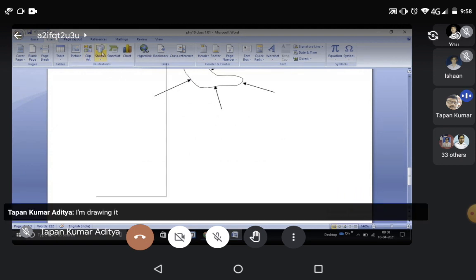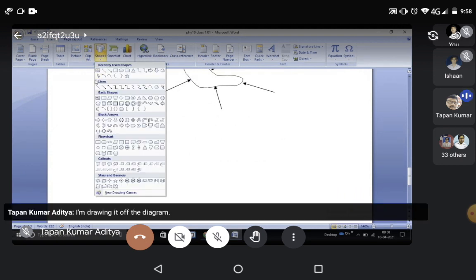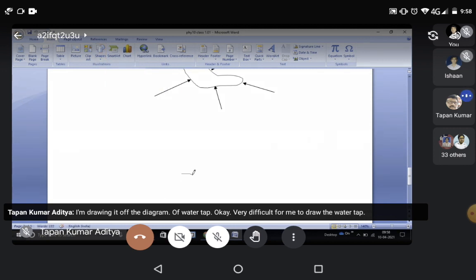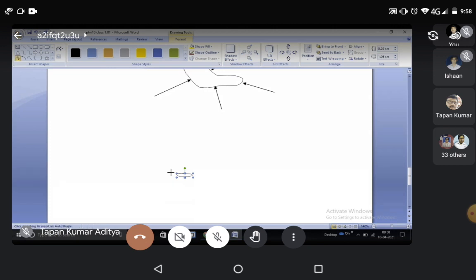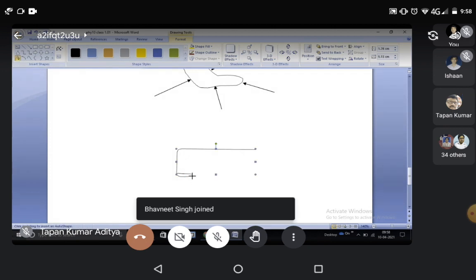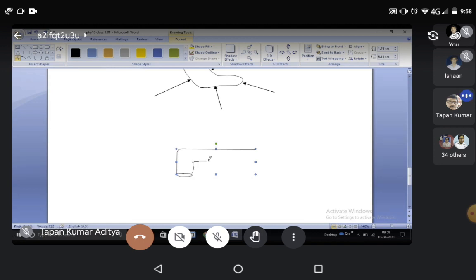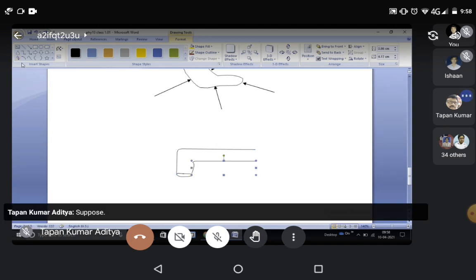You draw a rough diagram of a water tap. It is very difficult for me to draw the water tap. Suppose this is the water tap.